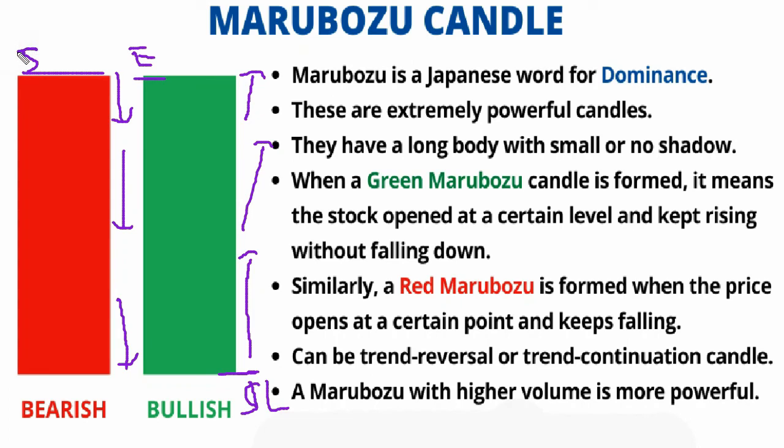This will be your SL, and this will be your entry. This Marubozu candle can show both trend continuation or trend reversal, and it is so powerful that it can give a trend reversal with just a single candle.